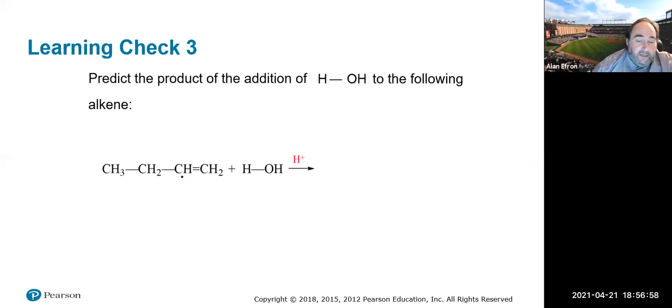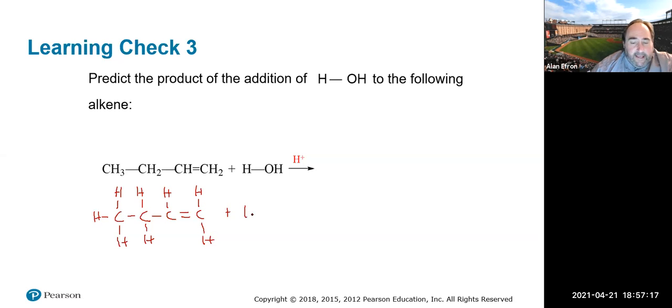So for example, here, if we look at this and we draw this guy out, just again to see the bonds. We're going to add H and OH, which is a weird way of writing water, basically. This is just a catalyst, speeds up the reaction, not going to do anything.